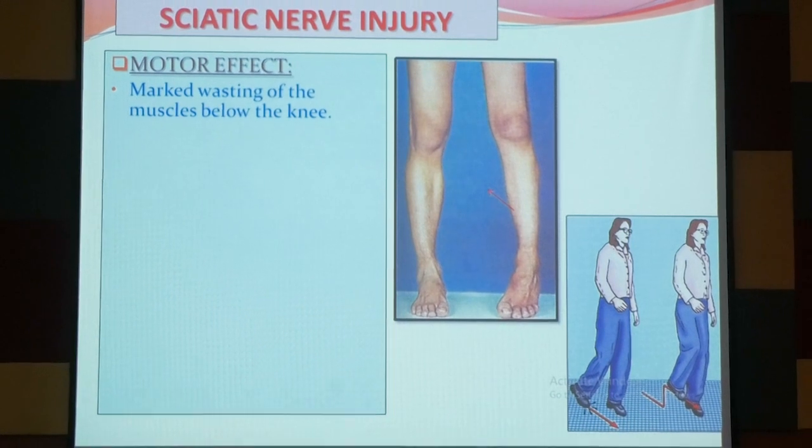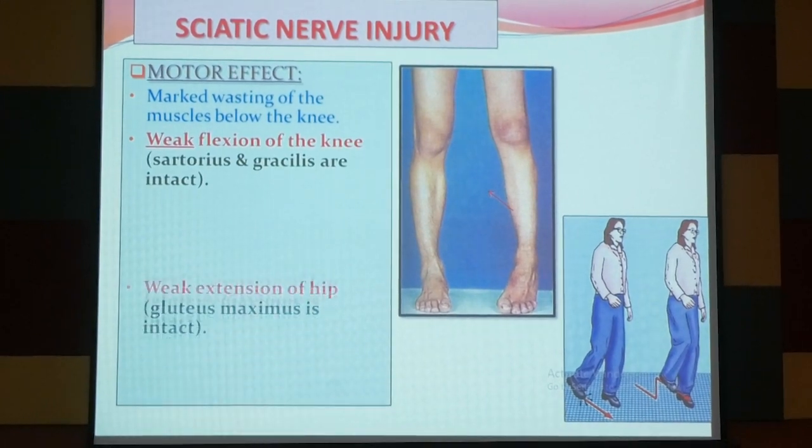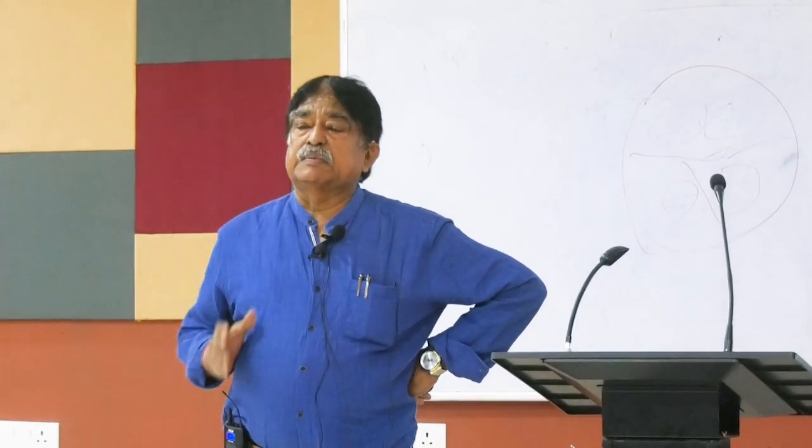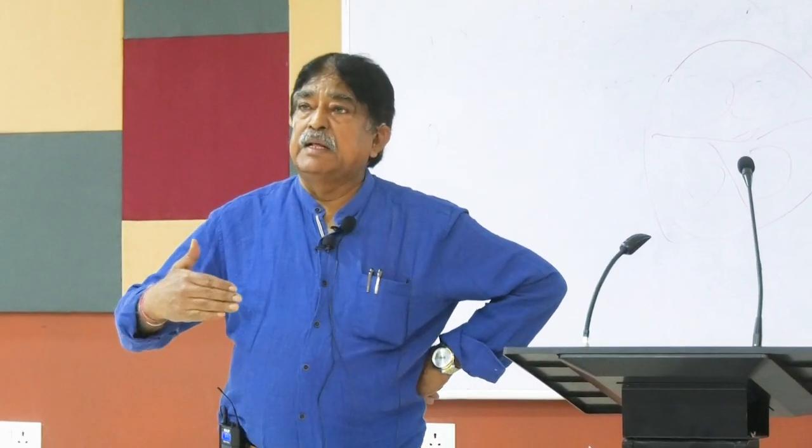motor effect. Now, for the motor effect, you see in the muscles, the muscular supply of the sciatic nerve we discussed, and immediately you won't see wasting. A patient gets a sciatic nerve injury, but he comes to you late.